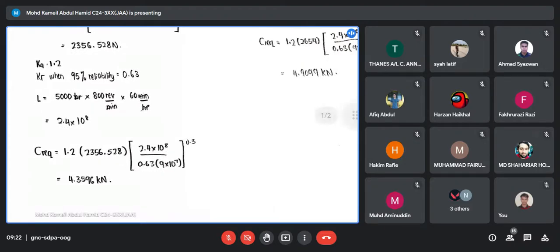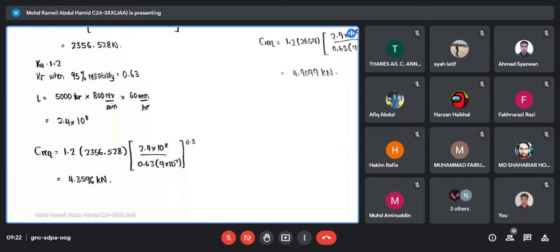Okay, so calculate the C required. C required 4.393835 dapat. Okay, tak apa. That is fine. In my answer 4380, you get 4359, different.